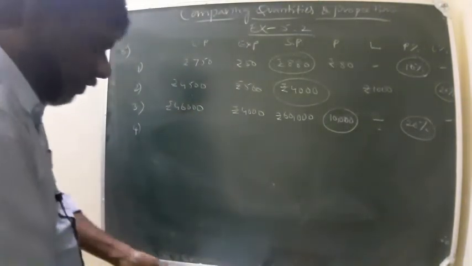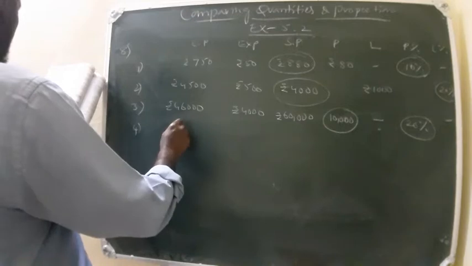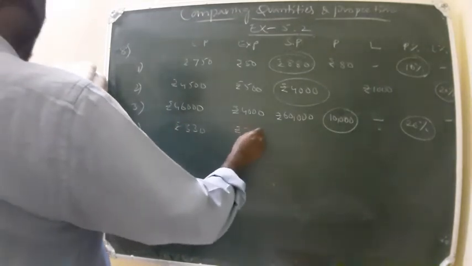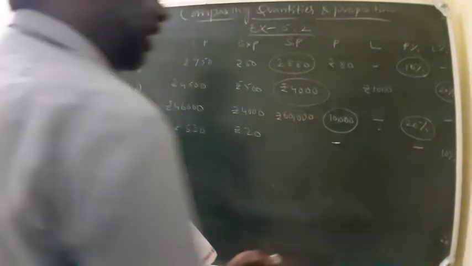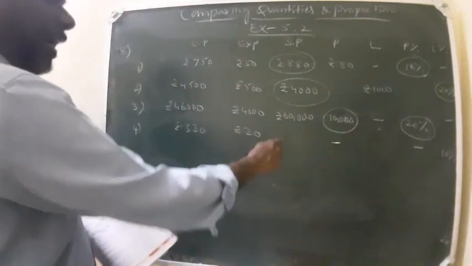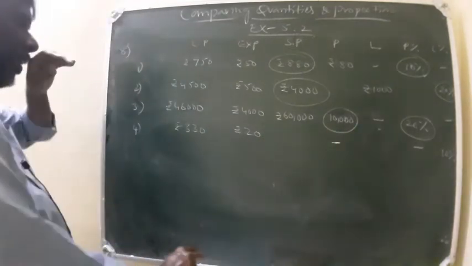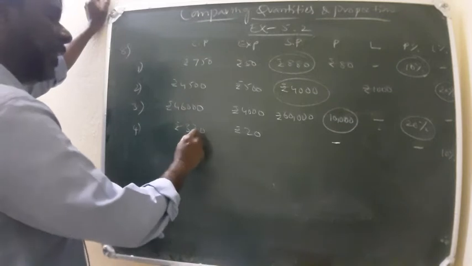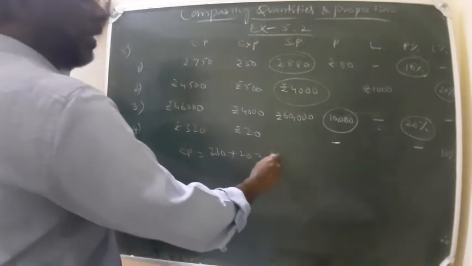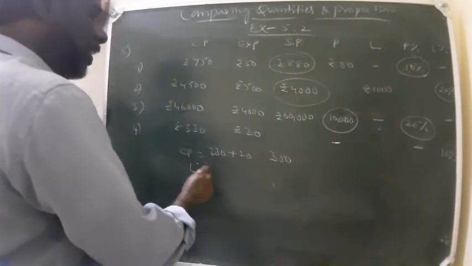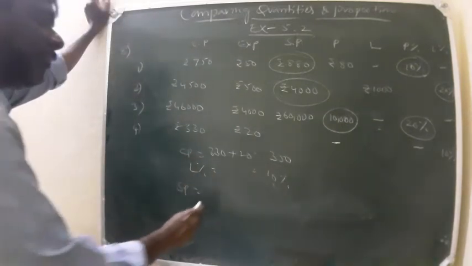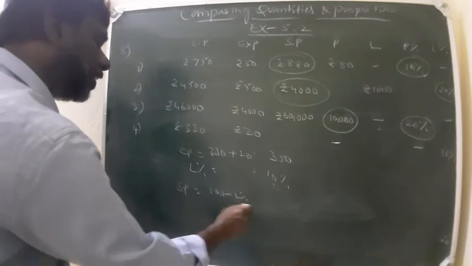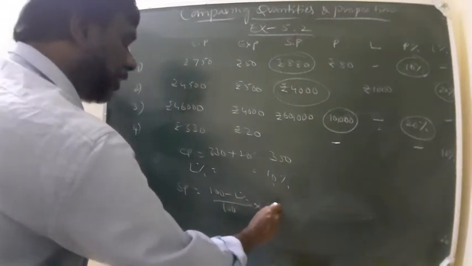Next, the fourth one. Here rupees 330, rupees 20 and loss percent is given, 10%. So here we won't get profit or profit percent. That means you have to find the actual loss and SP. Here CP is 330 plus 20, that is 350. Loss percent is given as 10%. To find SP, use 100 minus loss percent by 100 into CP.